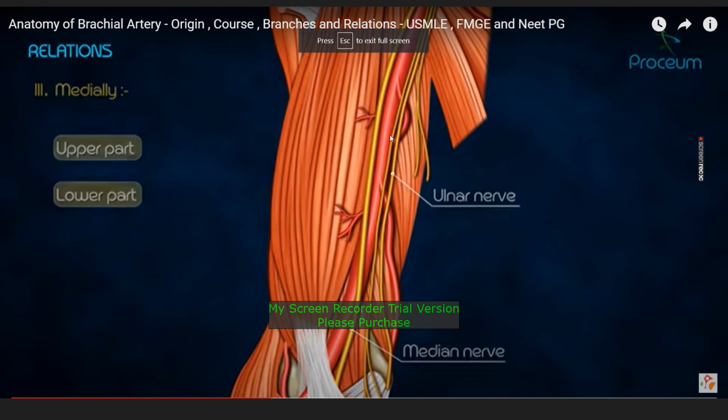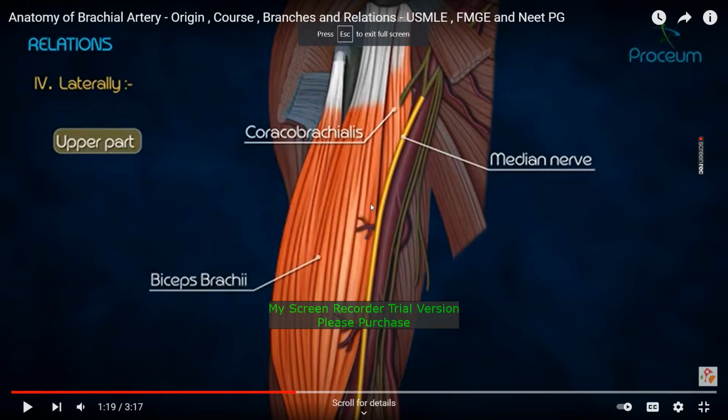On the upper part, it has the ulnar nerve on the medial side, and on the lower part, it has the median nerve. On the lateral side, in the upper part, it has the median nerve.